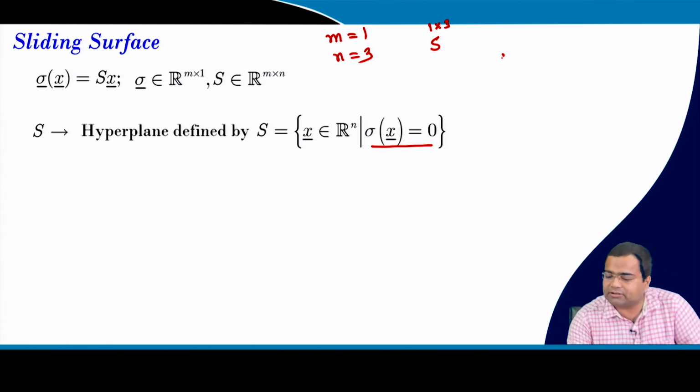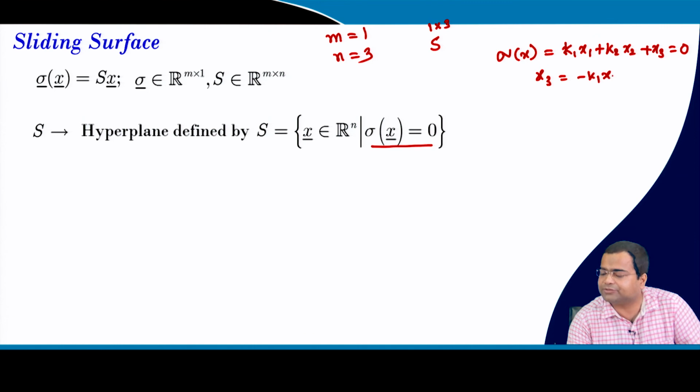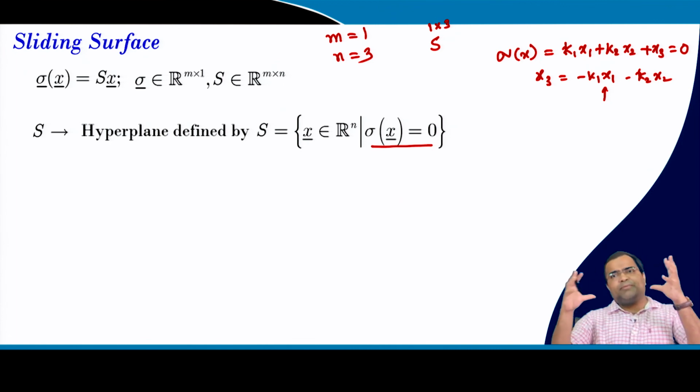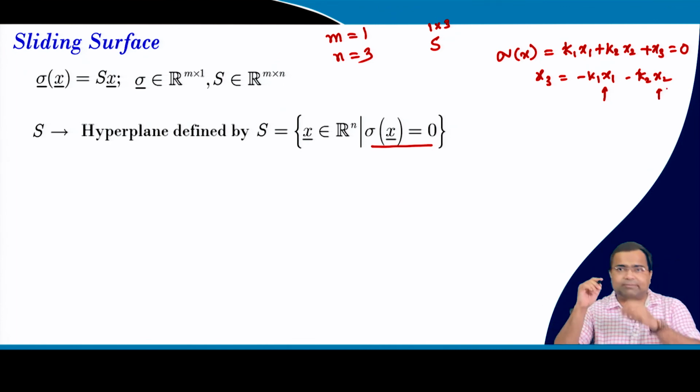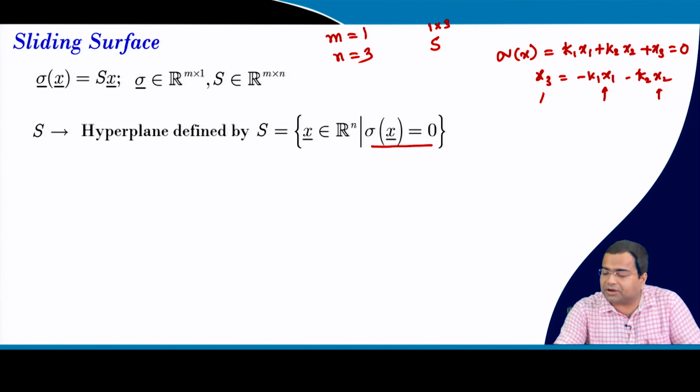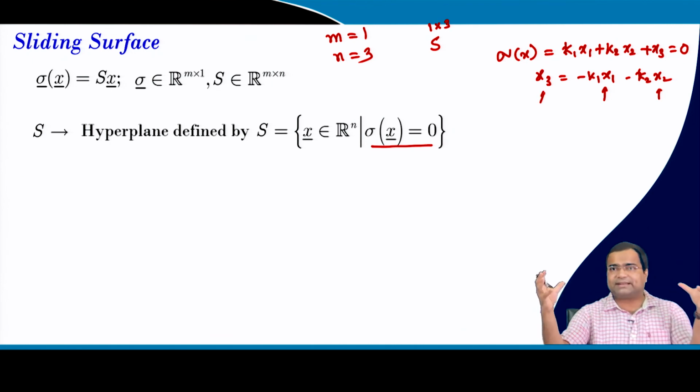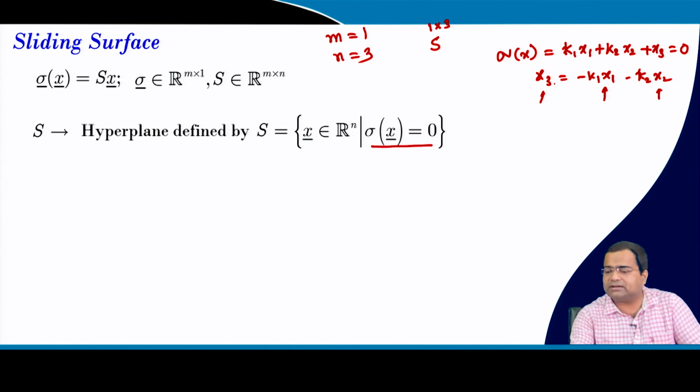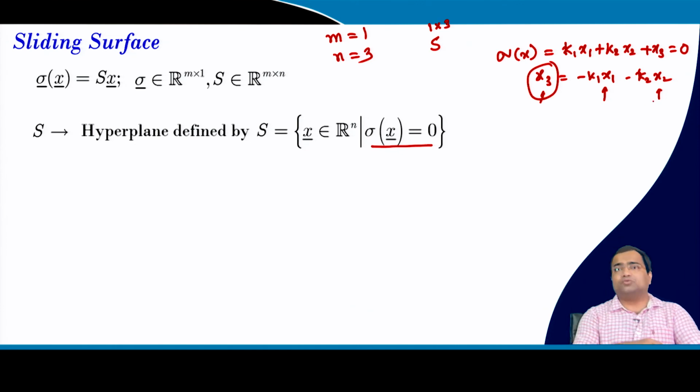Because what is our sigma x that we have again discussed? It is k1 x1 plus k2 x2 plus x3 equal to 0. So this is similar to x3 equal to minus k1 x1 minus k2 x2. Since x1 is a dimension, you can think of a basis vector, x2 is another dimension, think of another basis vector. So the third vector is derived by combination of two basis vectors. So it will be on the x1 x2 plane, it cannot have any z component because the x3 component is derived from these two, right.